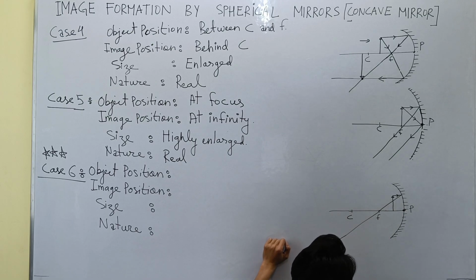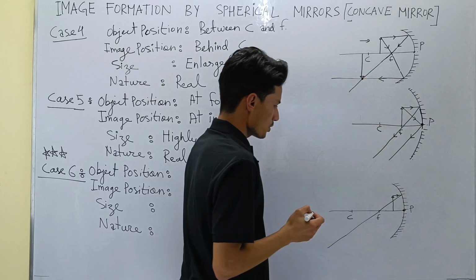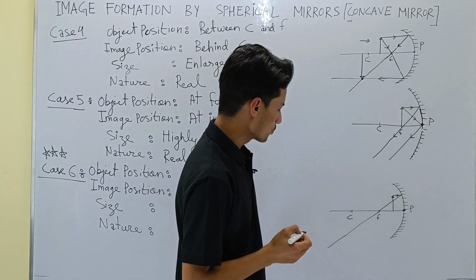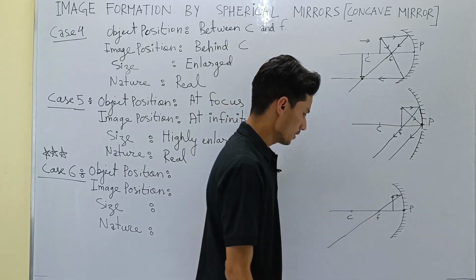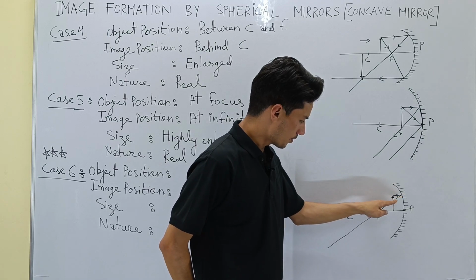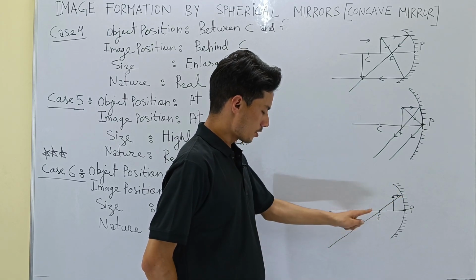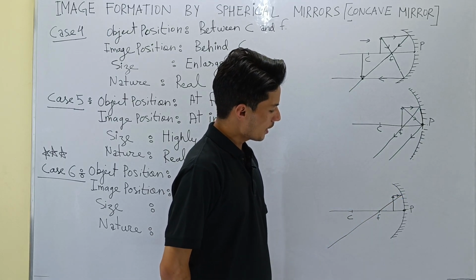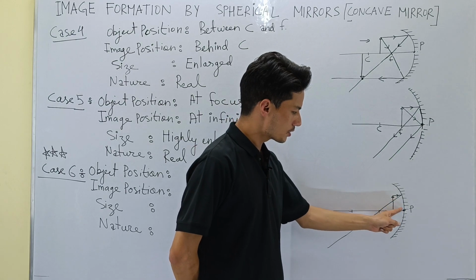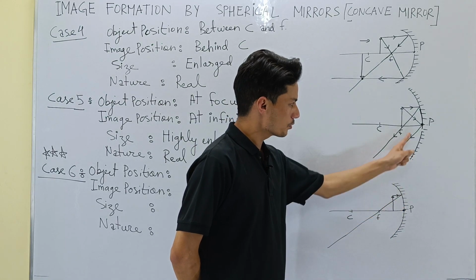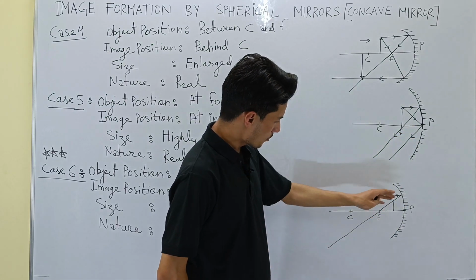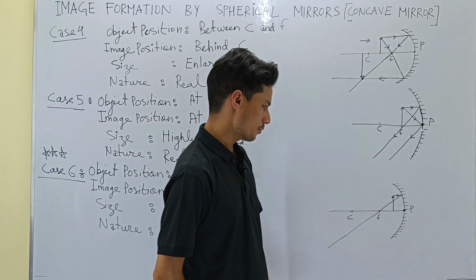Now the next ray, which rule should I use? I have already used rule 1 here: the ray traveling parallel, after reflection has passed through focus. Now I can go for rule 4, or I can go for center of curvature also. Which one should I use?